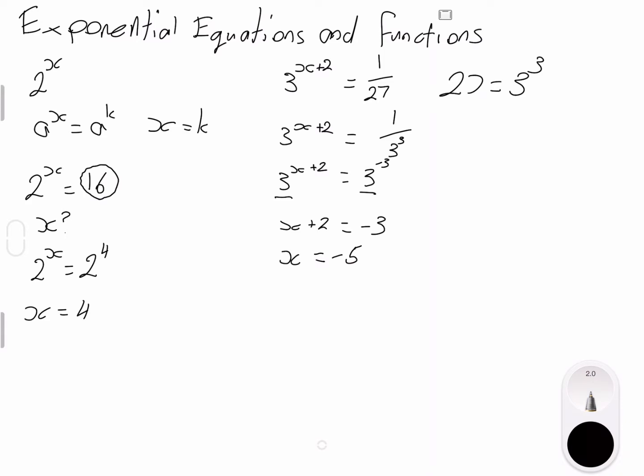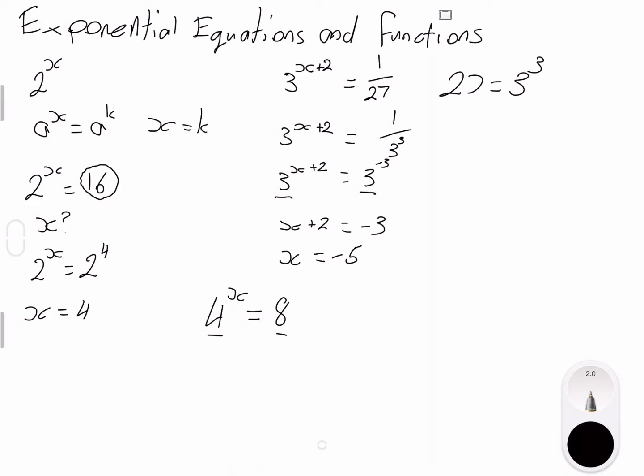Alright, the last example I want to go through for exponential equations, then we're going to talk about functions, is what if I have 4 to the power of x being equal to 8? Now, the bases here are different.